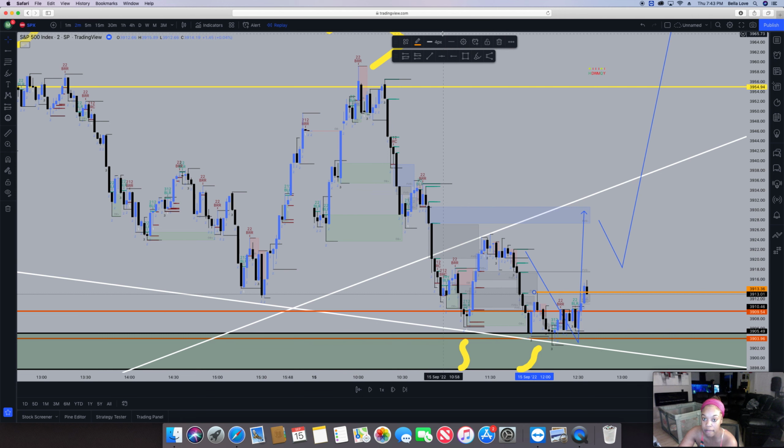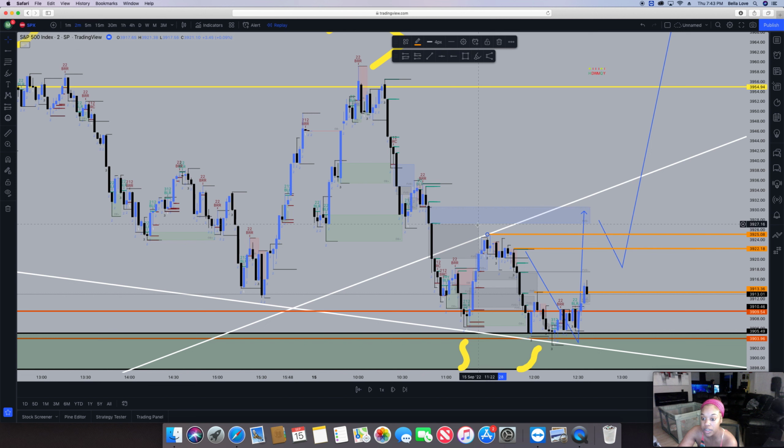Like I said, I had my first target there, 39.13. I had my second target point, 39.22. My third target point was somewhere around 39.25, which you guys can also see was a fair value gap.